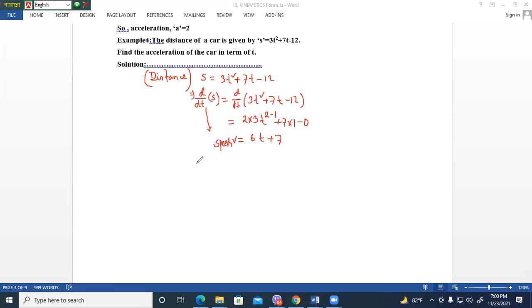So once again, differentiate, that is dv by dt. d by dt of v equals d by dt of 6t plus 7. For 6t it should be 6 multiplied by 1, and for 7 it should be 0, because the differentiation of any constant is 0. So this is 6, and this is the acceleration.